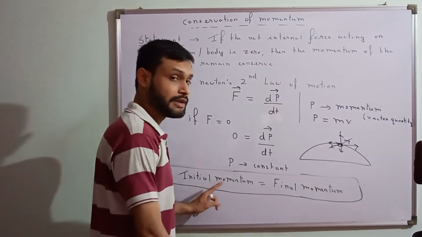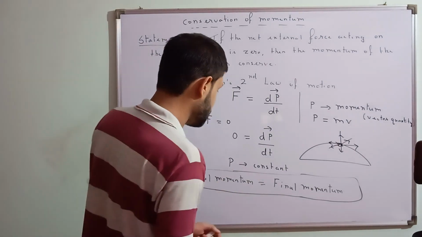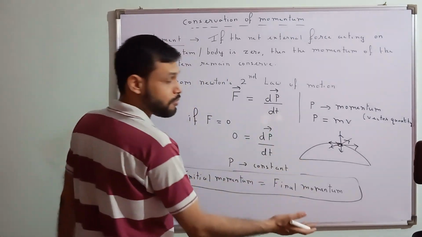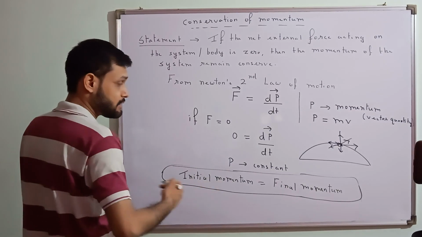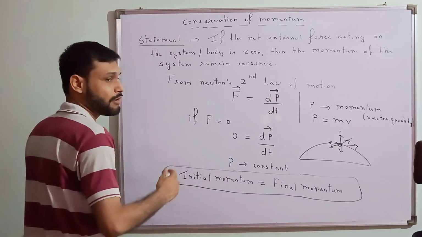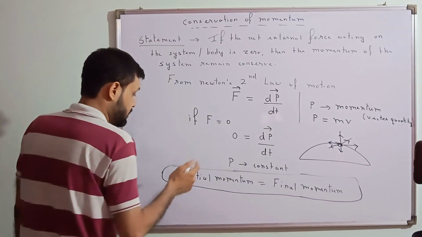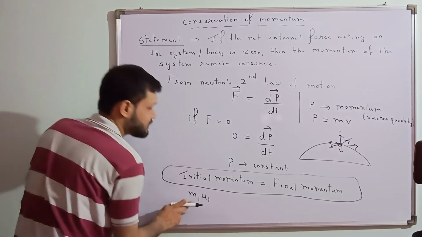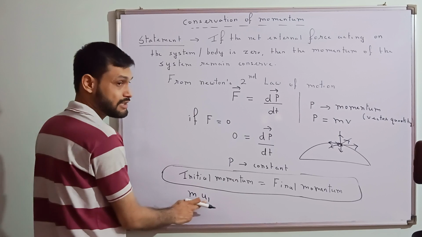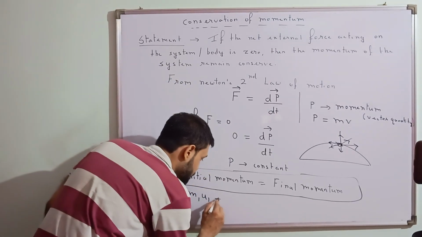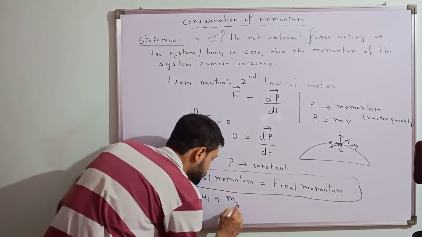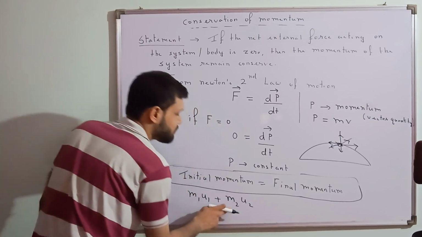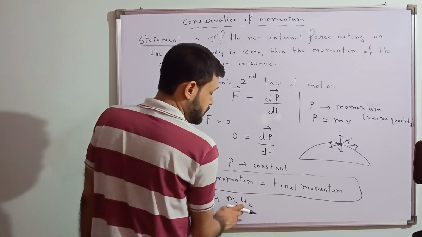From here we have seen that initial momentum is equal to final momentum. If we have a two particle system and we are conserving their momentum along, let's say, the x-axis or y-axis, we can write it like this: m1 u1, where m1 is the mass of the first particle and u1 is its initial velocity. Then m2 u2, where m2 is the mass of the second particle and u2 is its initial velocity.